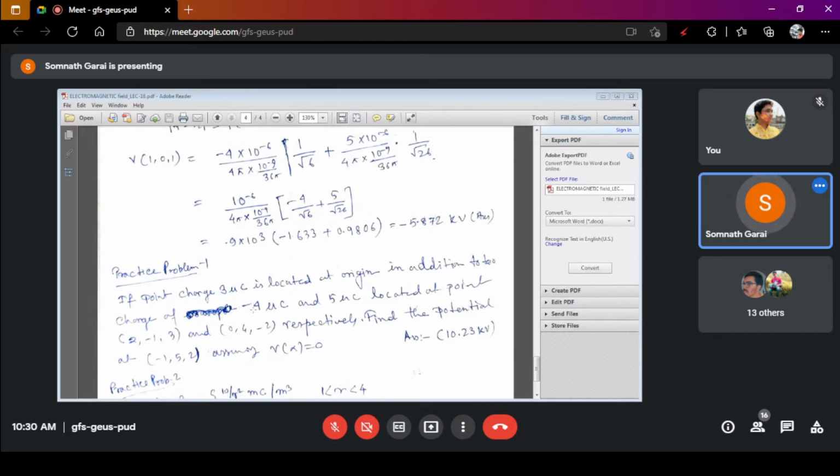That means the minus 4 microcoulomb is situated at position vector 2, minus 1, 3, and 5 microcoulomb whose position vector is 0, 4, minus 2 respectively, right? You have to find the potential at the point. The reference point is minus 1, 5, 2, assuming the infinite potential is equal to 0.